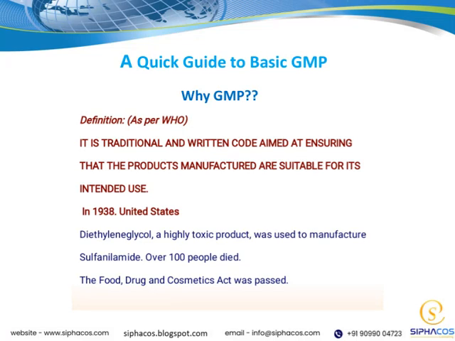Why GMP? Well, GMP stands for Good Manufacturing Practice, and it's really the foundation of quality in our industry. Today, I want to give you a quick guide to the basic principles of GMP, so you understand what it's all about and why it's so essential. Basically, GMP ensures that our products are consistently produced and controlled according to quality standards.